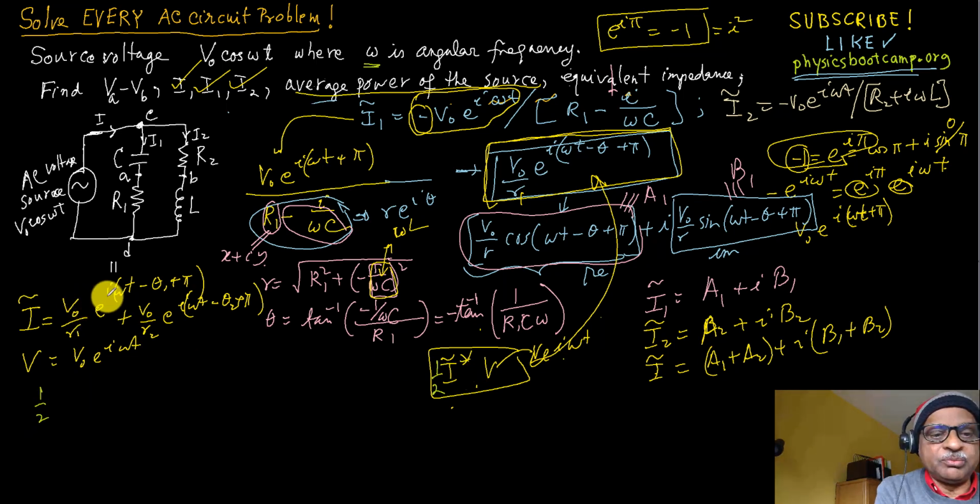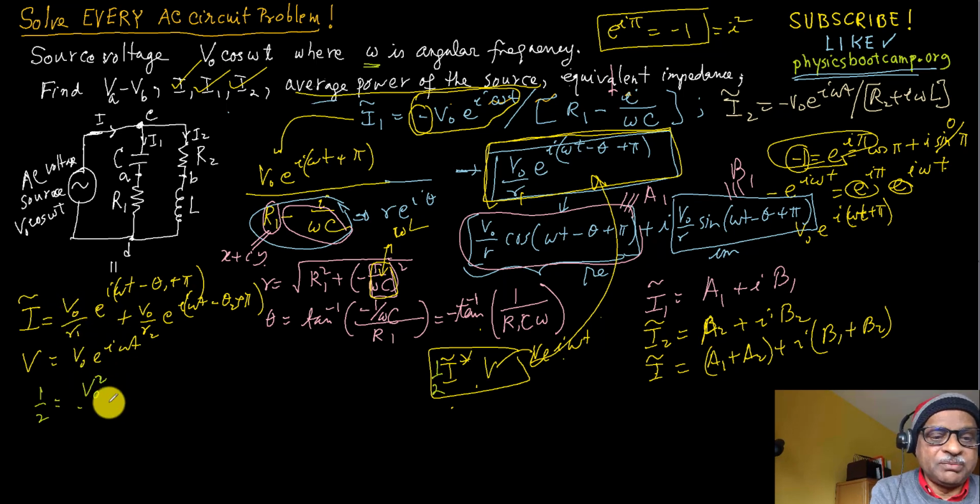So half, this becomes minus and this is plus, they will cancel each other. So you're going to get V0 square.